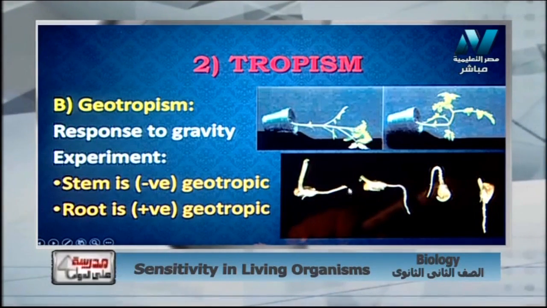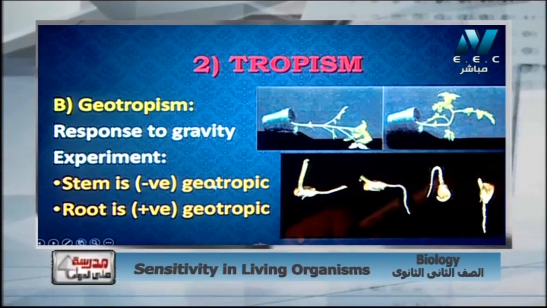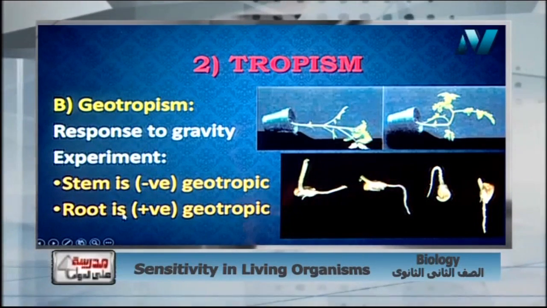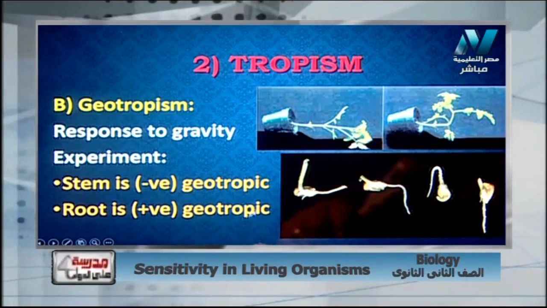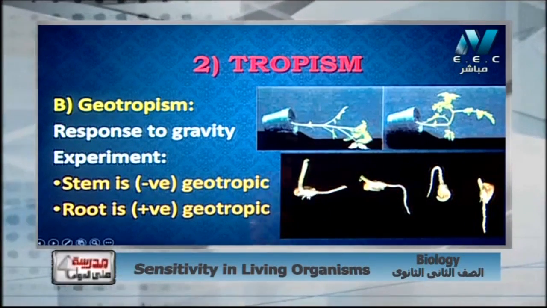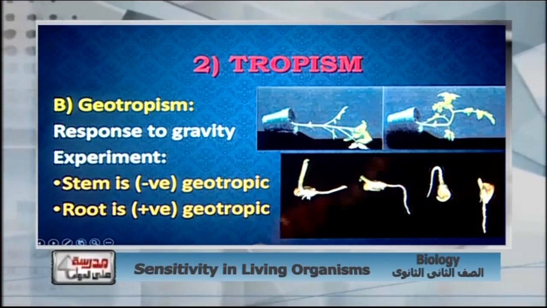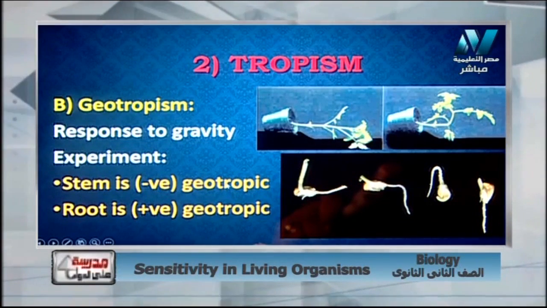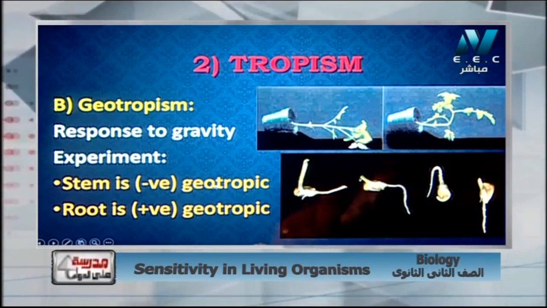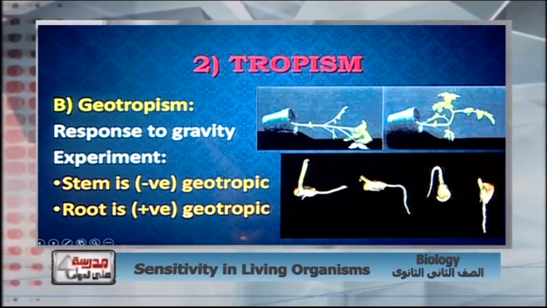So we call the stem negative geotropic, but the root positive geotropic. Again, the plant parts bend towards or against gravity. The stem is negative geotropic because it grows upwards against gravity, but the root grows towards the gravity.